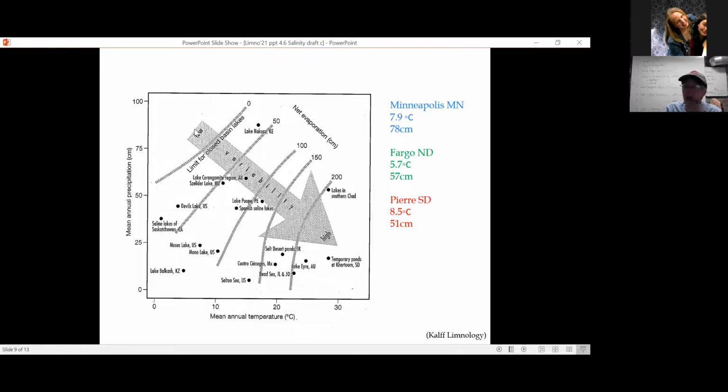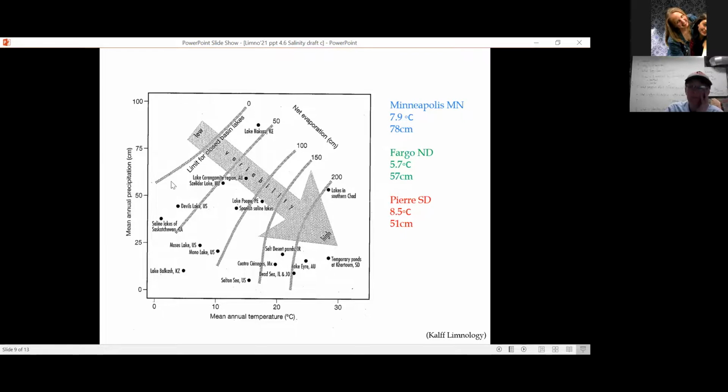Now you go out to Devil's Lake, North Dakota, near Fargo, and the temperature is a little bit colder, but the rainfall is much less. So Fargo is going to be like 6 degrees, like here, and less rainfall, so down here near 50.